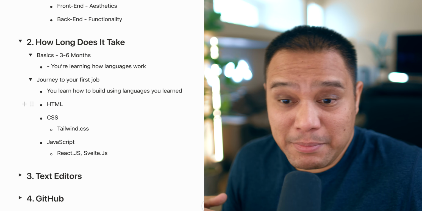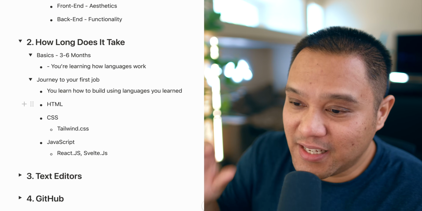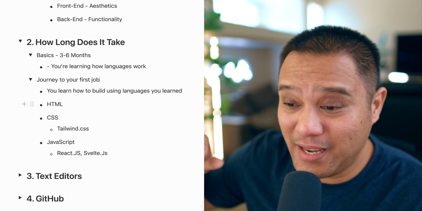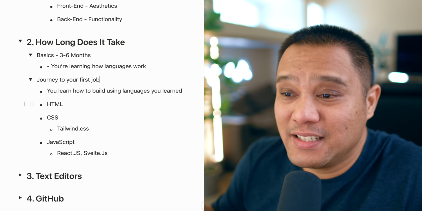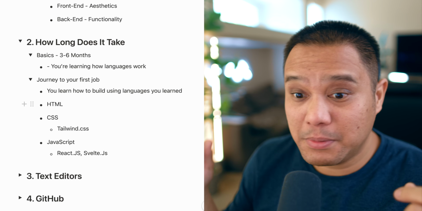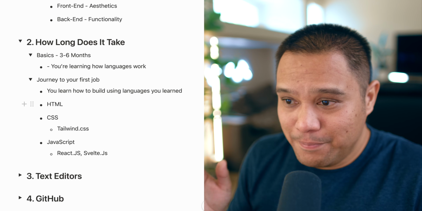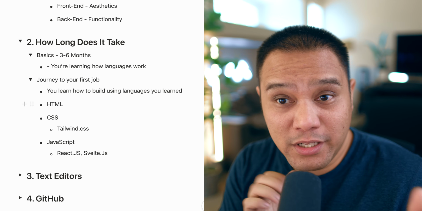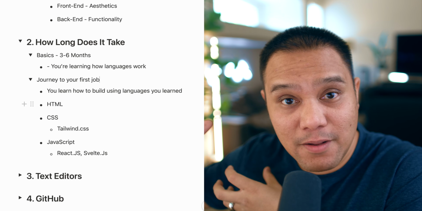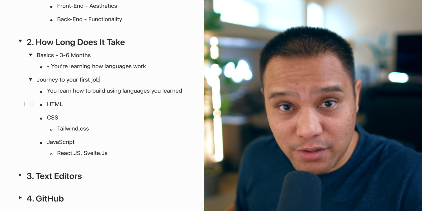And then back-end programming, if you want to move that direction. The key to learning all these advanced things is being consistent. And the difference between learning the basics and moving into something more complex is you're going from only learning how languages work to now needing to build things using the languages you learned.